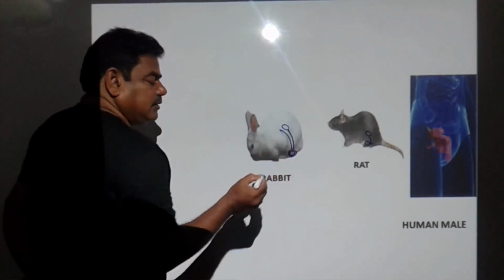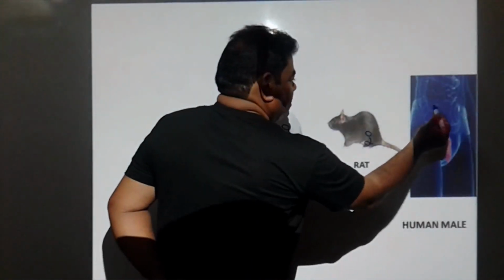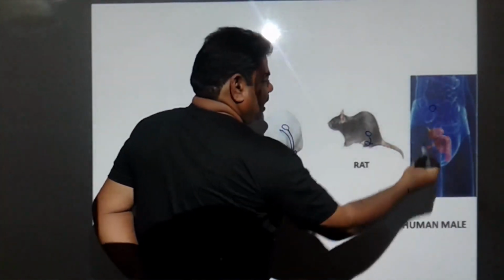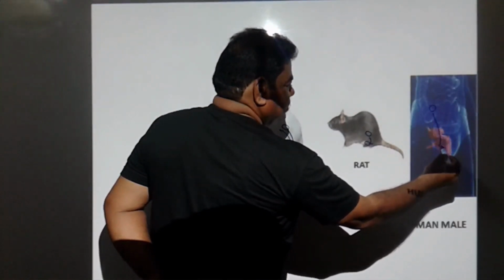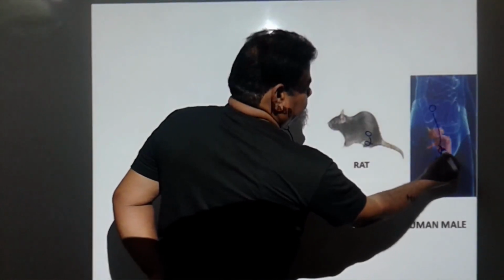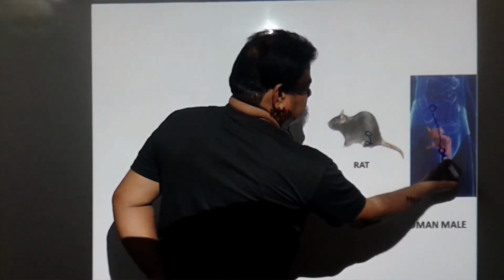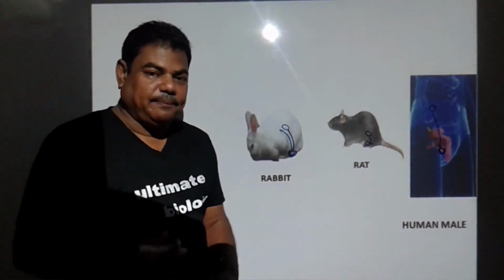the abdomen. But in the case of human, once the testes, which are present in the abdomen, are pulled by the inguinal cord and come into this scrotum, they remain in the scrotum due to these tissues, which we call the gubernaculum.